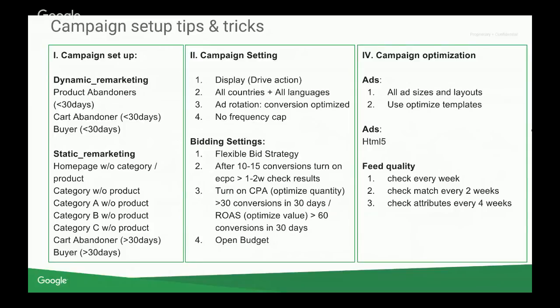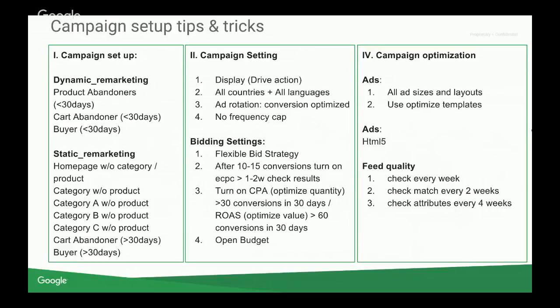And obviously, once you start to generate more and more conversions, let's say some 30 plus conversions in 30 days, that's some optimum quantity, then you can also turn on your CPA, because most of your marketing objectives are going to the direction of the acquisition of the clients, meaning generating sales.